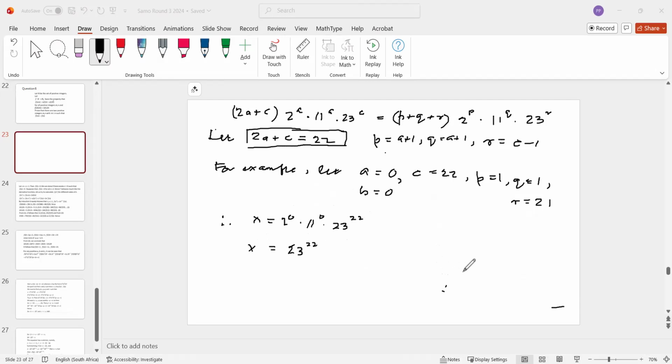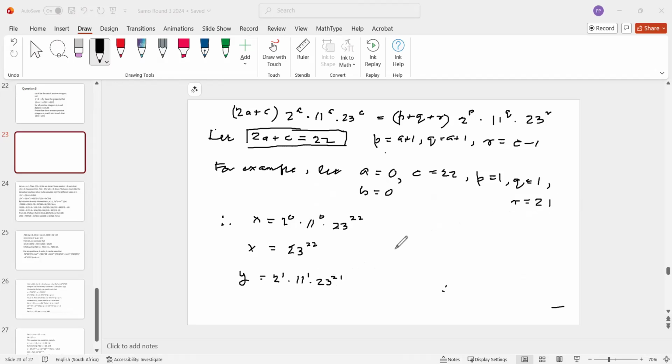And what is y? y is equal to 2 to the power of p, which is 1, times 11 to the power of q, which is 1, times 23 to the power of r, which is 21.